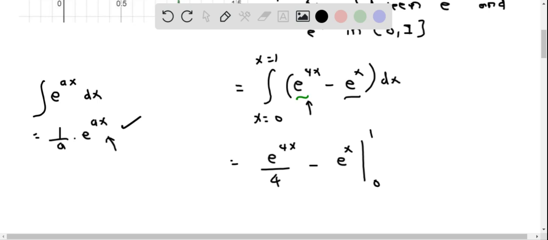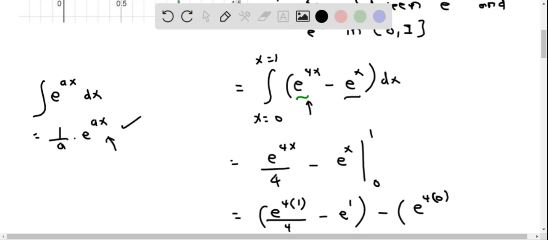So let's evaluate this integral. We substitute the upper limit, so this becomes e^(4 times 1) divided by 4 minus e^1. Now let's substitute the lower limit 0. So it is e^(4 times 0) divided by 4 minus e^0.